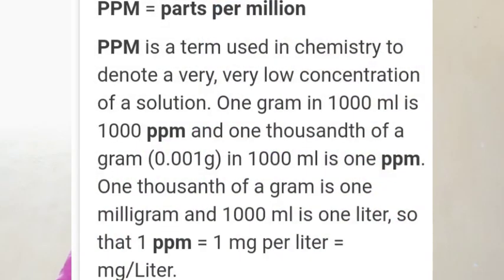The fifth one mentioned is ppm, that is parts per million, which is defined as number of parts of solute present in million parts by mass of the solution. This is usually expressed for very dilute solutions.